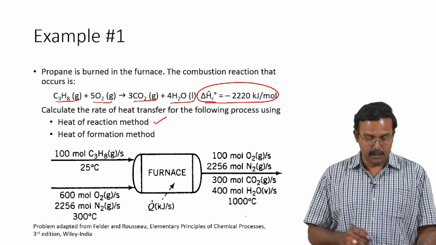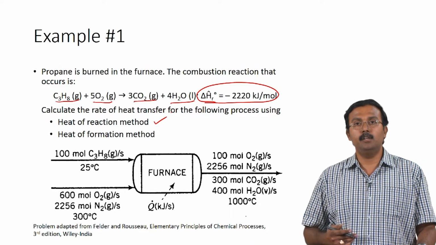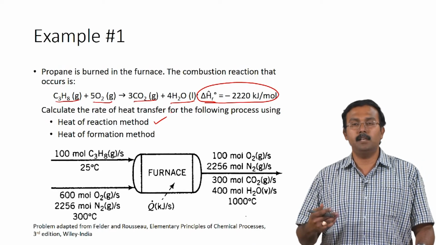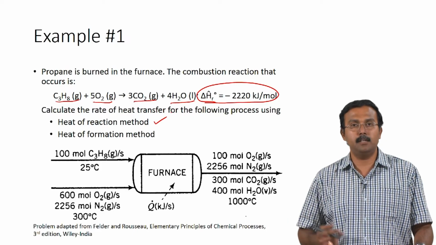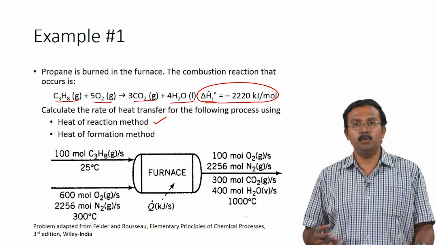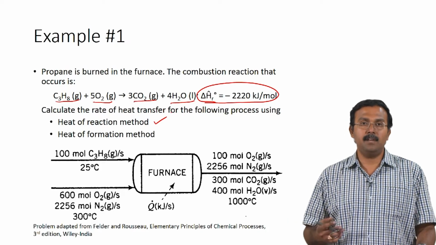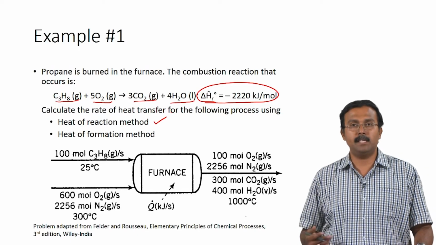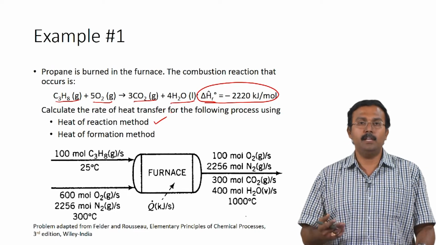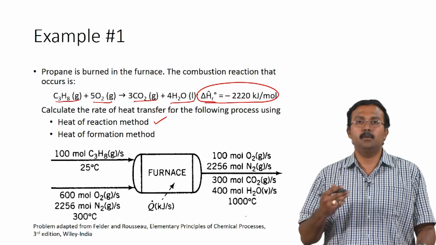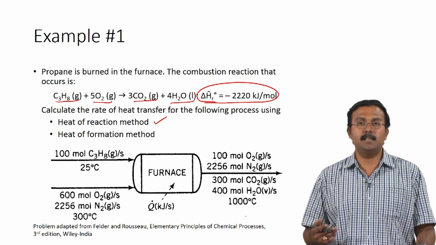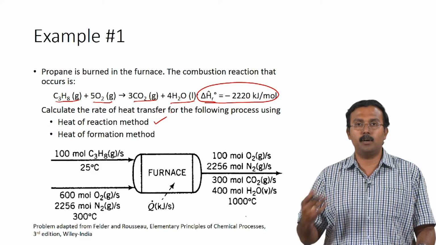The second method is the heat of formation method. Here you would inherently use the heat of reaction instead of explicitly using it. So, how you do that is you use the reference states which would be used for the formation reaction. We already know what a formation reaction is. Basically, elements which exist in their native forms come together to form a compound.